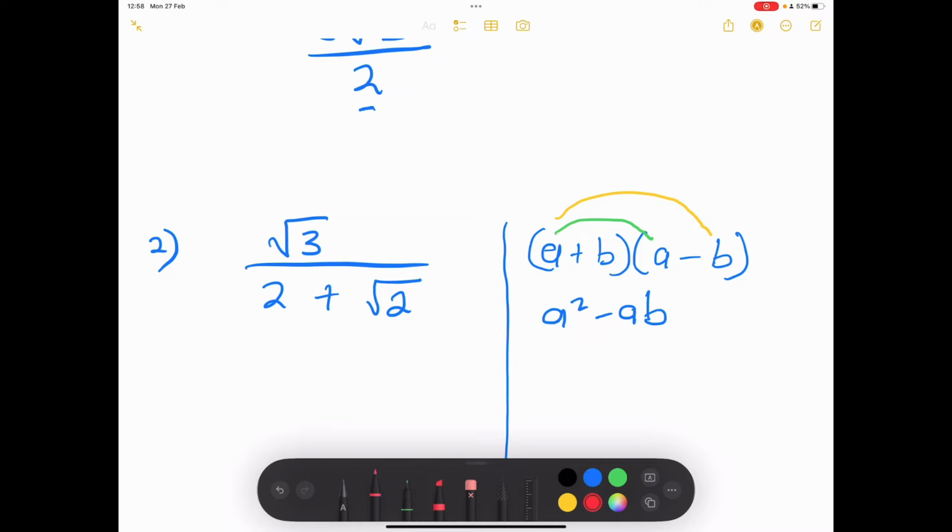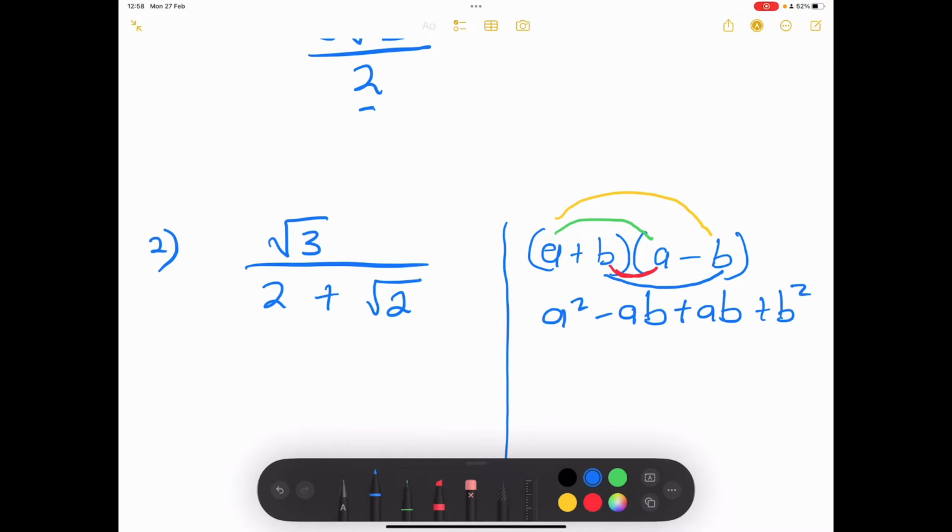And then you've got b multiplied by a, which would give you plus ab. And finally, you would have b multiplied by b, and in this case, that would give us plus b squared.